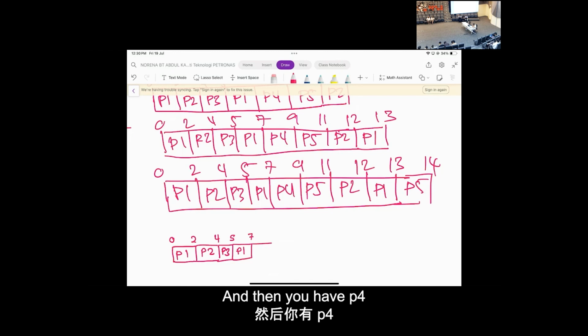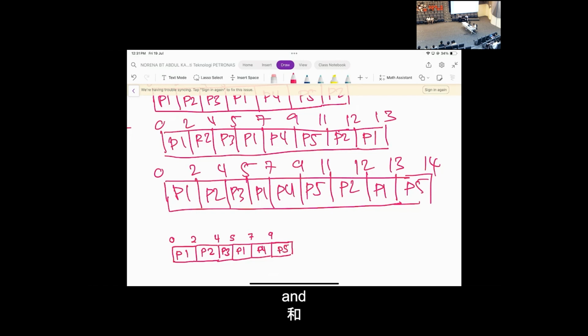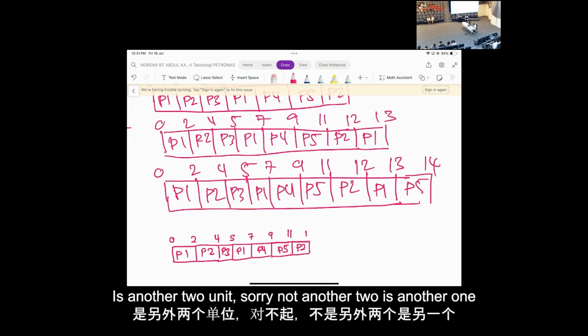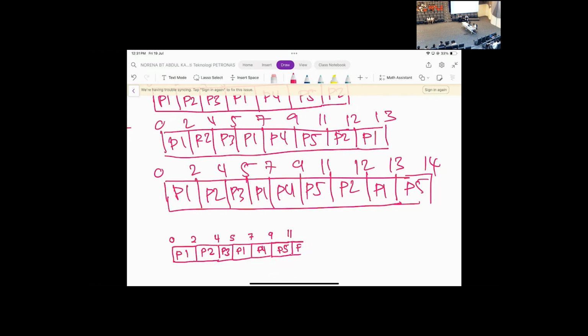Okay, and then you have P4, another 2 units, and then P5 is another 2 units, and then P2 is another 1 unit. Sorry, not another 2, it's another 1. So you have only 1 left for P2.